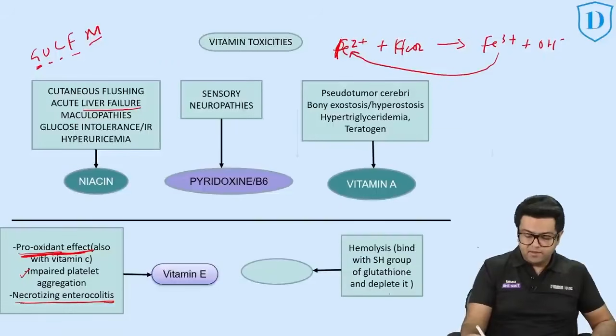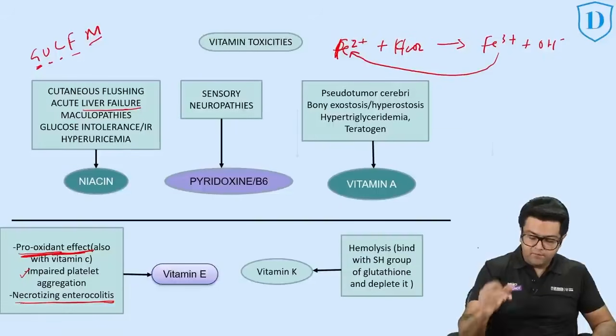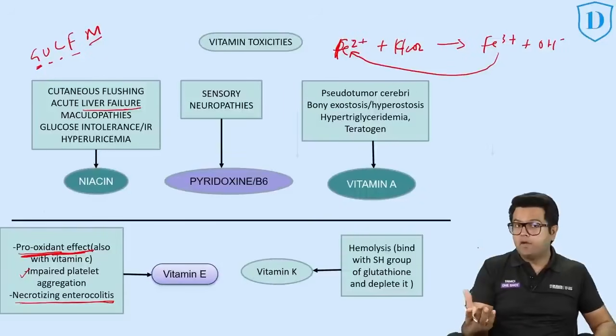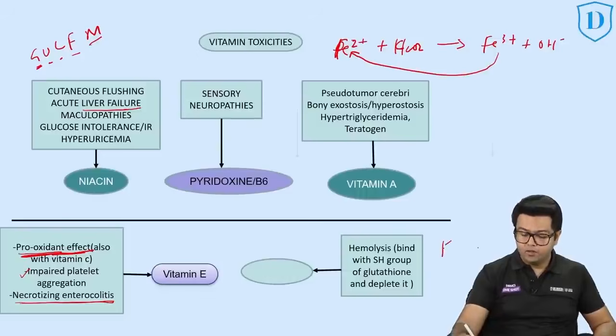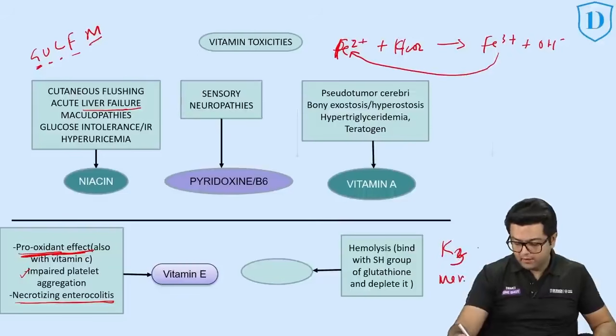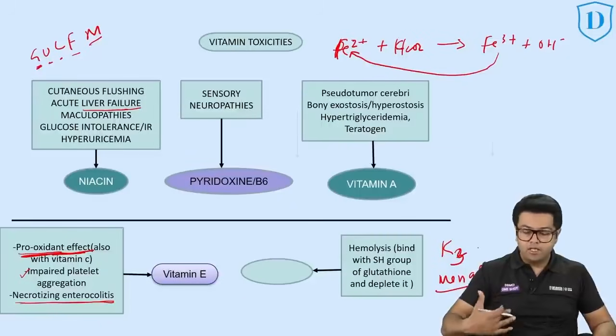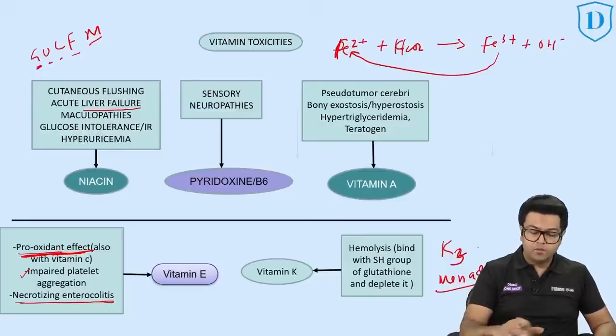So hemolysis, the answer will be vitamin K. Vitamin K in excess, especially which type of vitamin K, guys? Sorry, vitamin K3, that is called menadione. K1 is phylloquinone, K2 is menaquinone, which is naturally produced in our body. And K3 is the water-soluble form actually. So this is the problem.